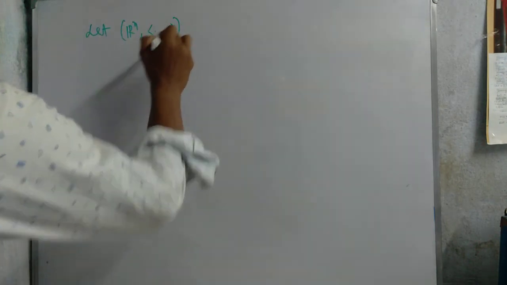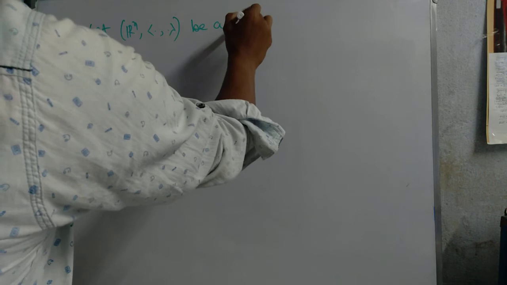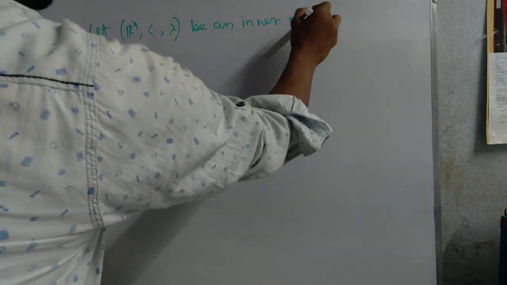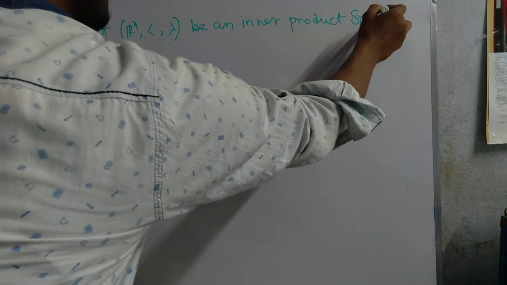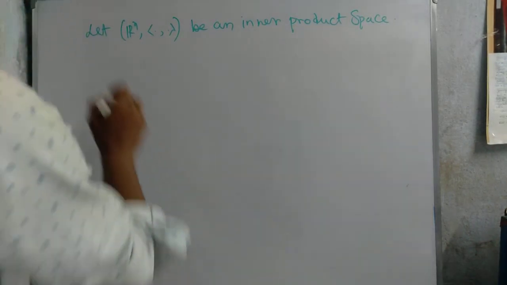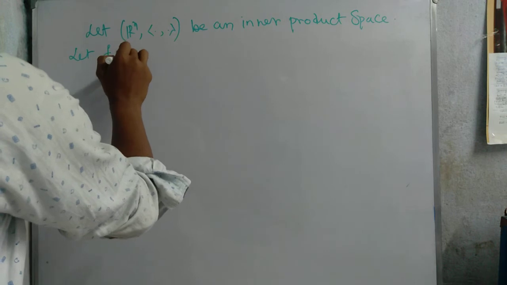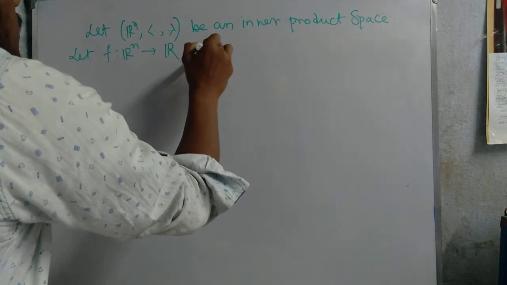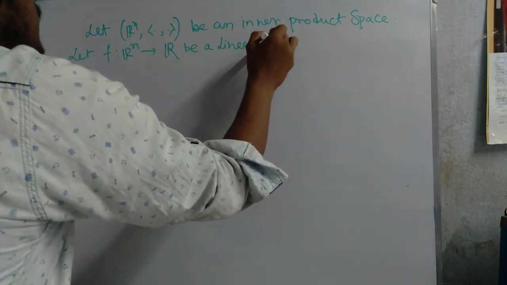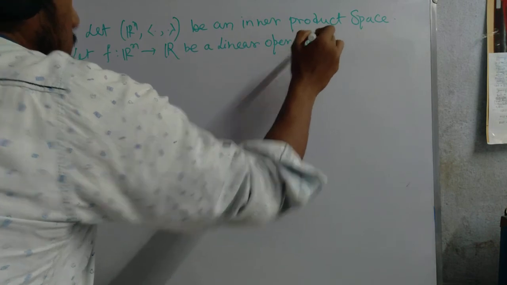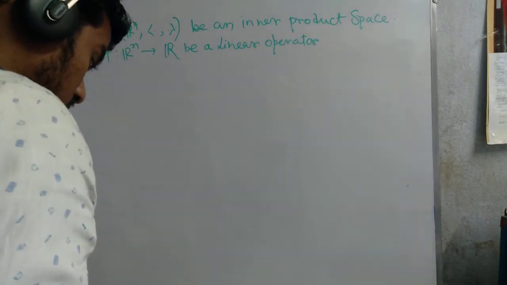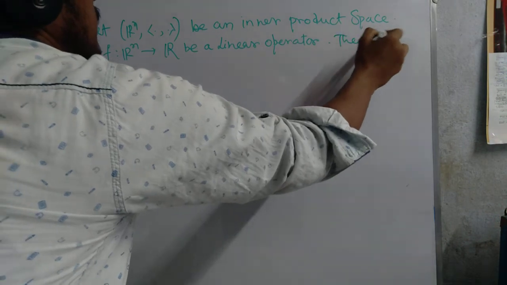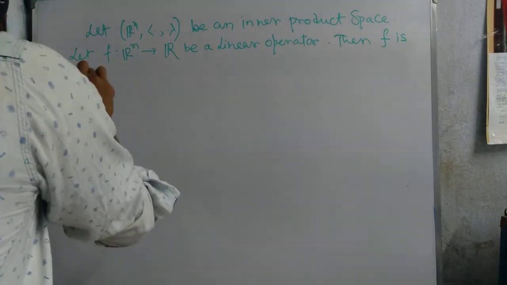Let R^n be an inner product space, and let f: R^n → R be a linear operator. Then f is bounded.